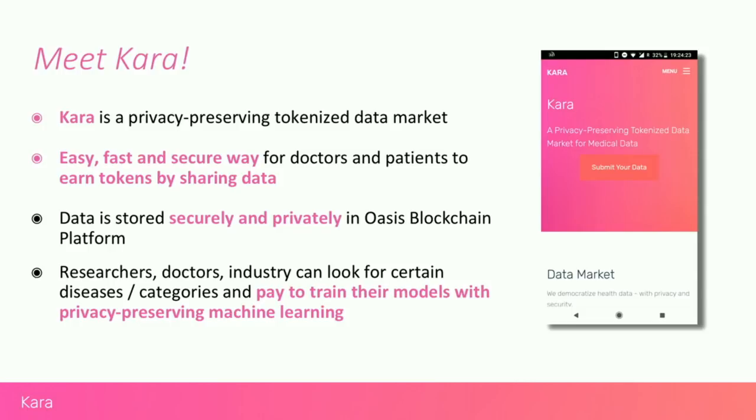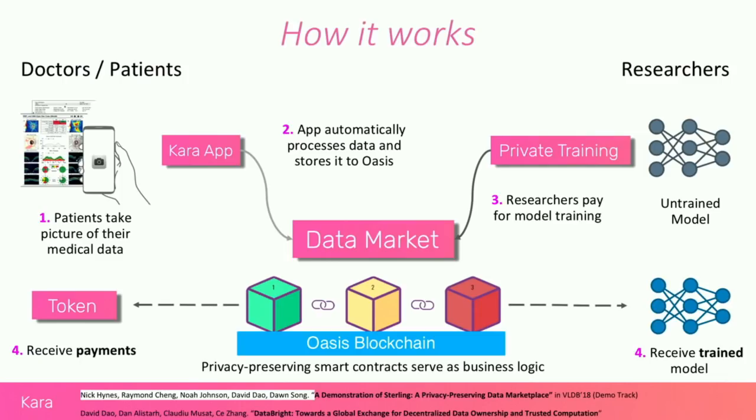And by utilizing the privacy-preserving smart contracts on top of the Oasis blockchain, the medical researchers can write their privacy-preserving smart contract, and within the smart contract, it can contain code for training machine learning models as well as serving machine learning models.